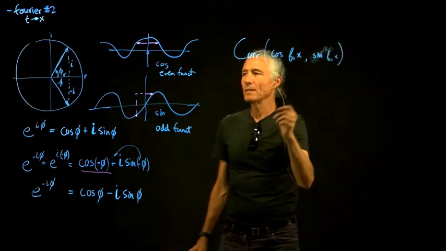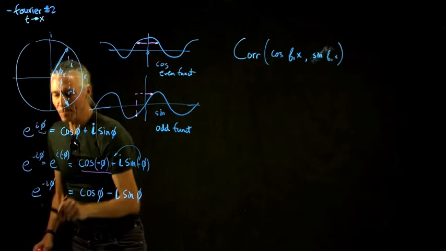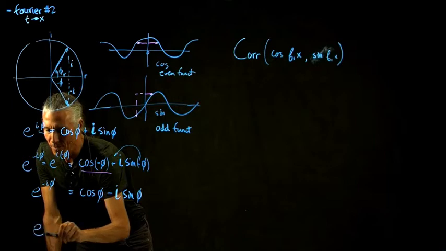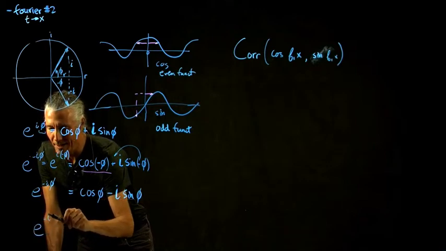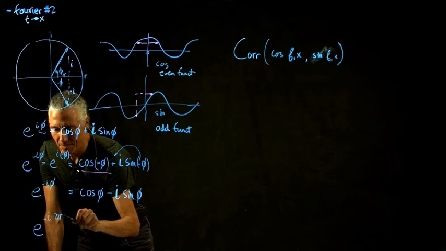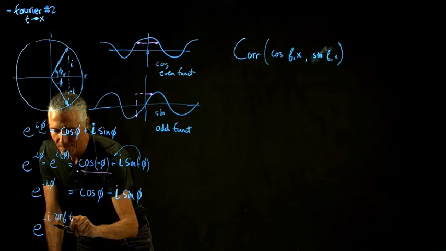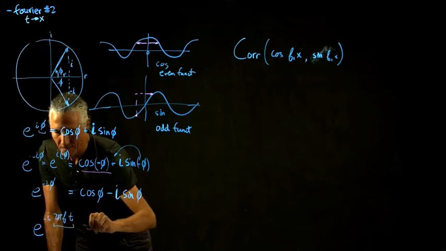Because remember, this is an angle, but often when we're looking at the Fourier transform, we're looking at e to the minus i 2 pi times frequency times time. This whole mess here is basically an angle.